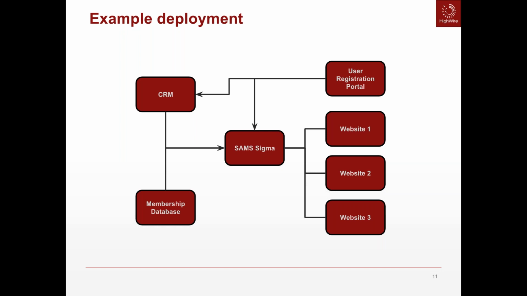We migrated them from an existing SAMS 6 installation, so they're effectively the first client to move on to SAMS Sigma. What that's opened up for them is the opportunity to move other sites on and provide single sign-on authentication for individuals between those sites, such as another site called Medicine Complete.